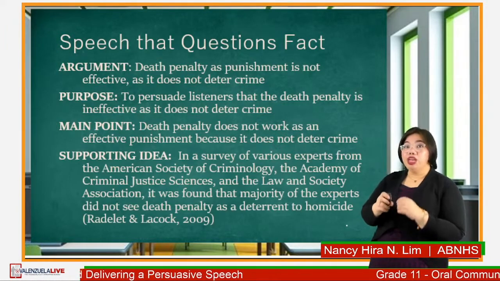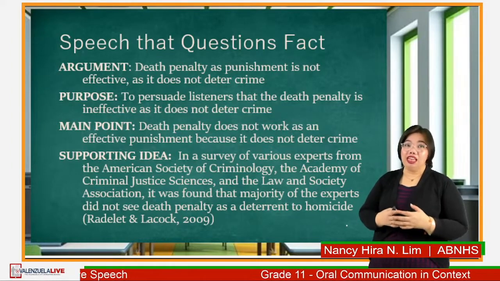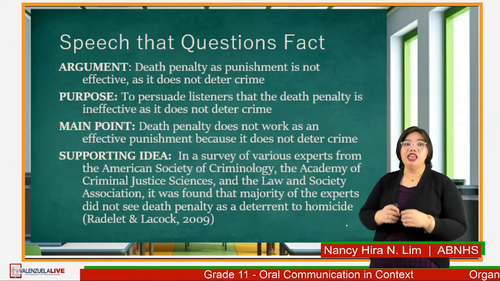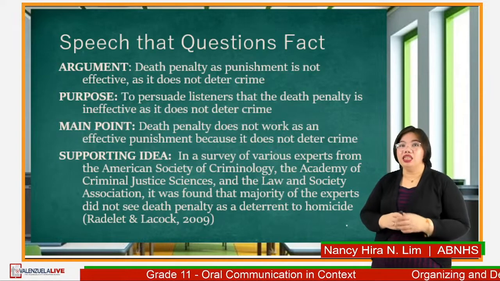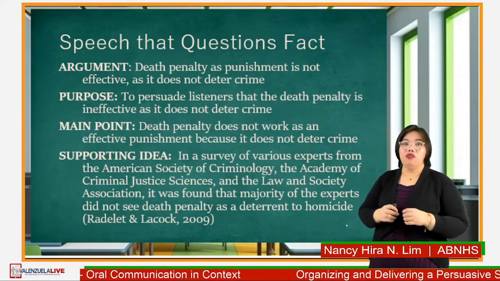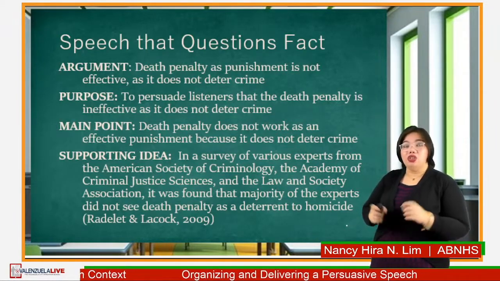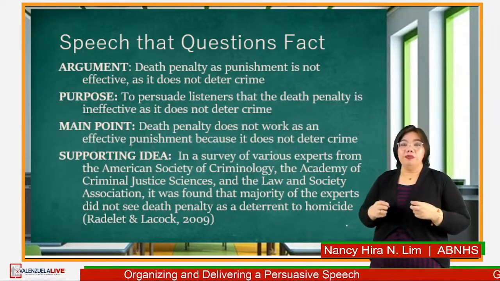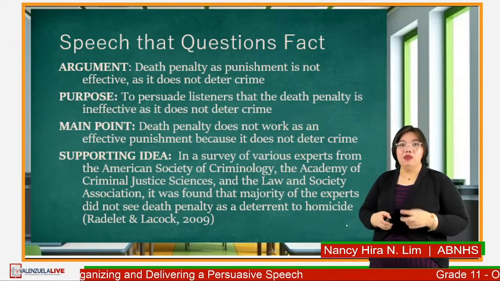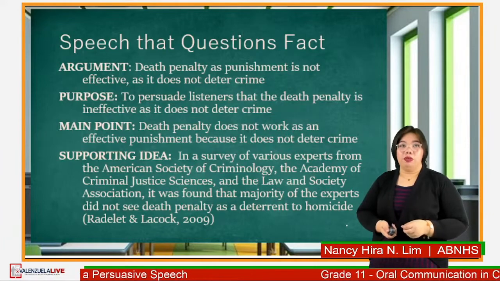And for your support idea, in a survey of various experts from the American Society of Criminology, the Academy of Criminal Justice Sciences, and the Law and Society Association, it was found that majority of the experts did not see death penalty as a deterrent to homicide. So see, you have here quoted or cited important personalities in relation to your speech.